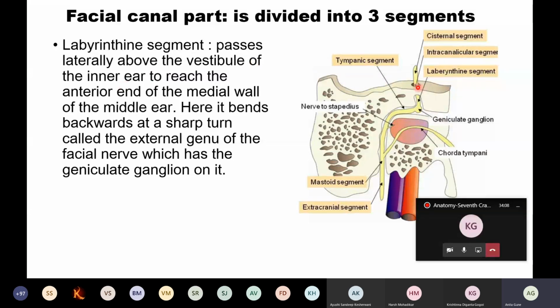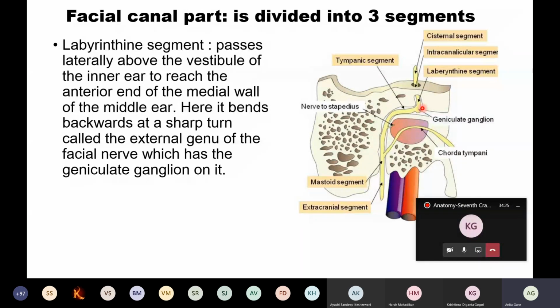So from the inner ear, this will traverse and go towards the anterior part of the middle ear cavity. That is the medial wall of the anterior part.